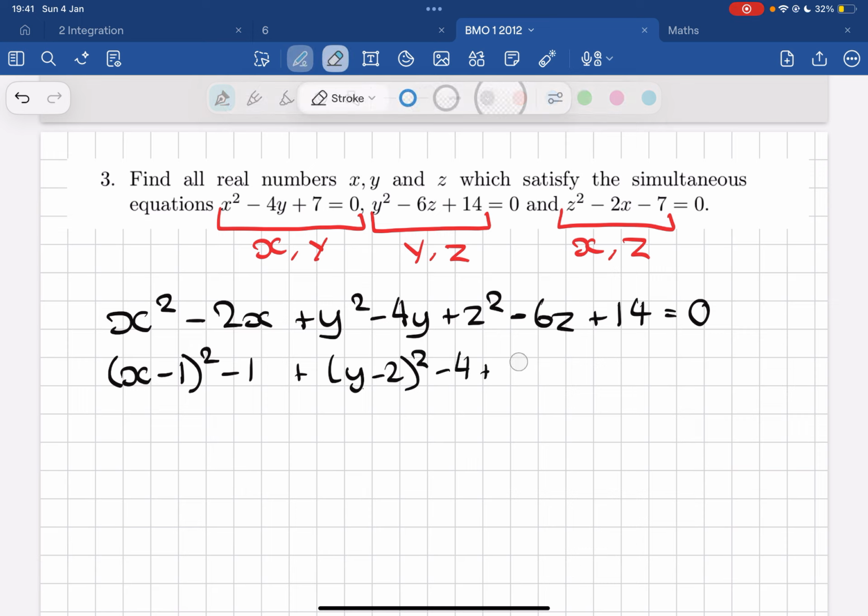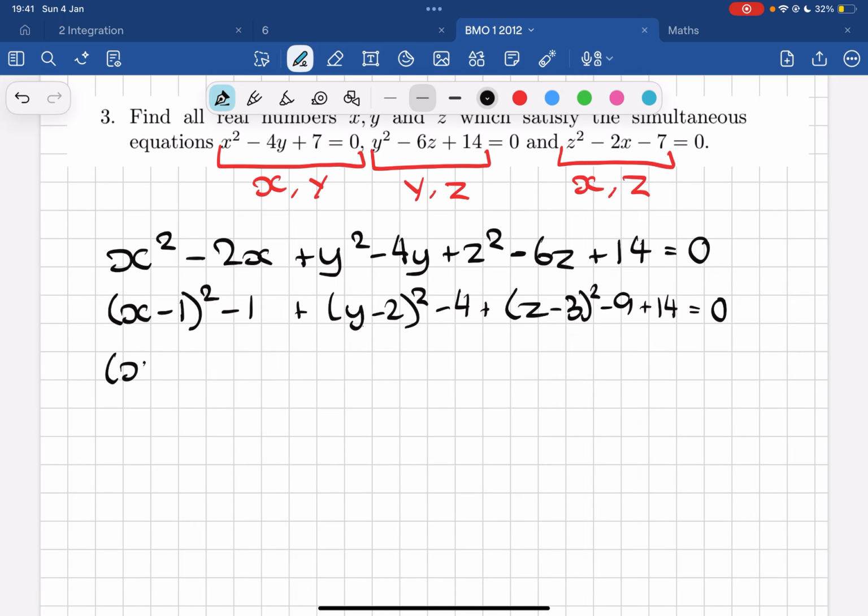For the z, we've got z minus 3 squared minus 9, plus 14 equals 0. Let's collect our constants. We have minus 1, minus 4, and minus 9. If we sum those, we get minus 14. We've got plus 14 in the end, so that just cancels, and therefore our constant term disappears.